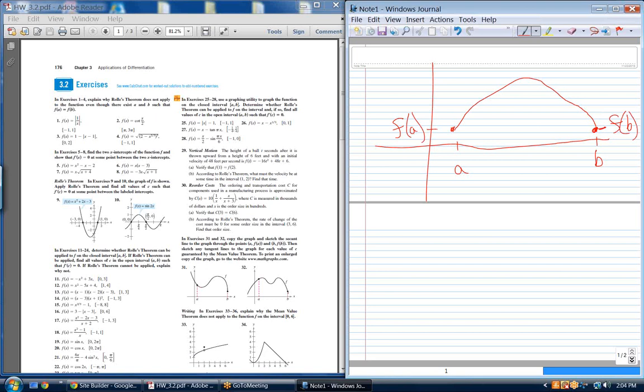What Rolle's theorem says is that if this function is continuous and differentiable between A and B, and f of A is equal to f of B, like it is here, then there is some place in the interval where the derivative is equal to 0.